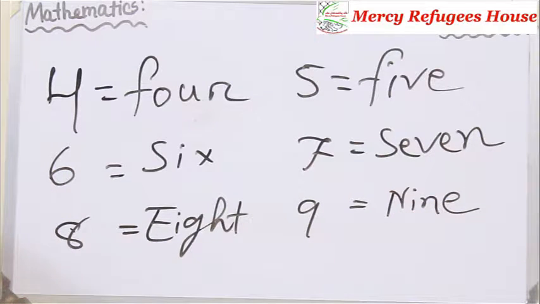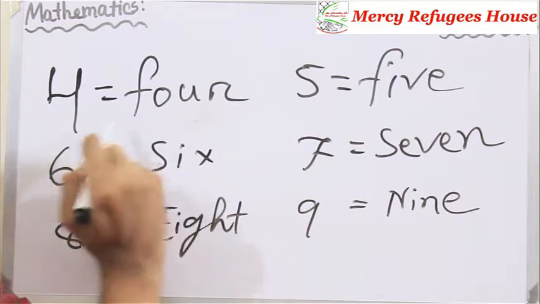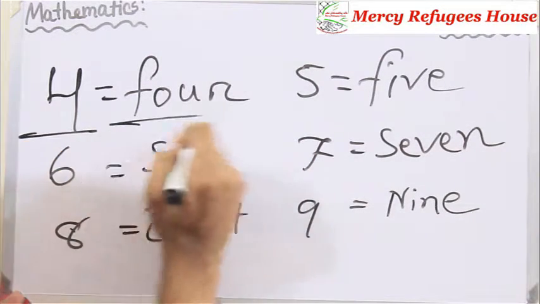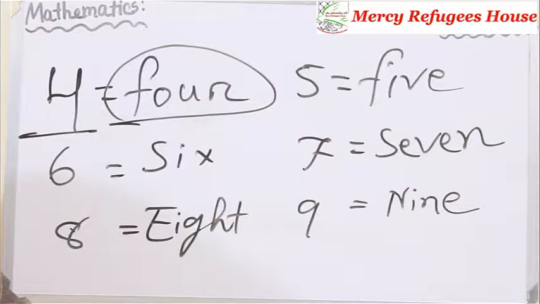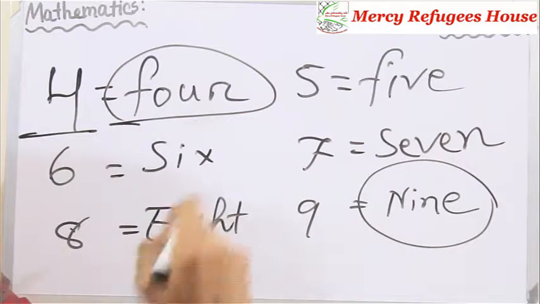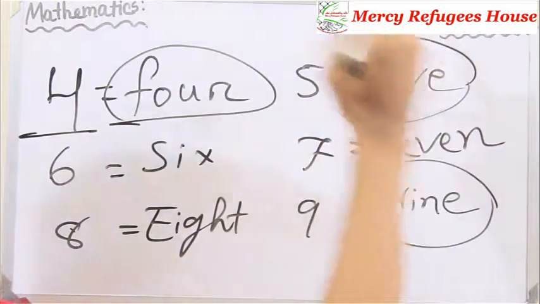See, your main objective, once you have taught them from 1 to 100, is to teach them how to write 1 to 100 in words. That means they should be able to write 4 like this. This is how we write 4 in words. This is how we write 9 in words. This is how we write 5 in words.